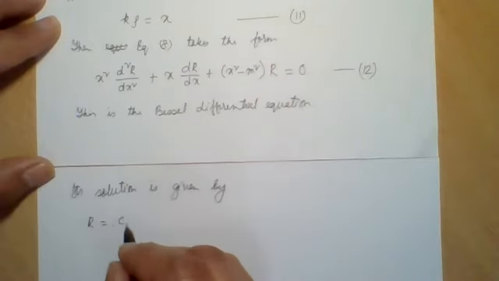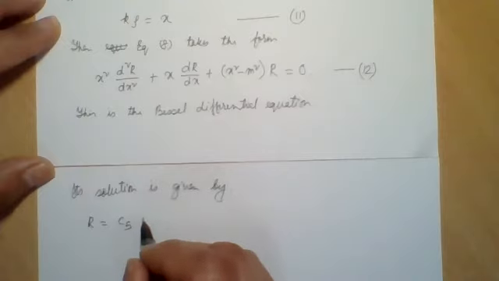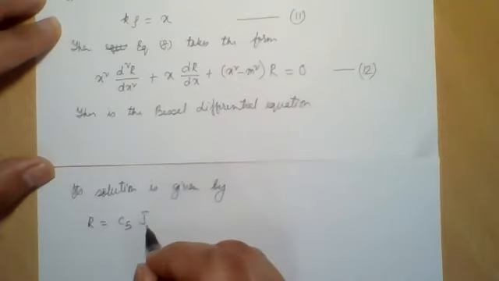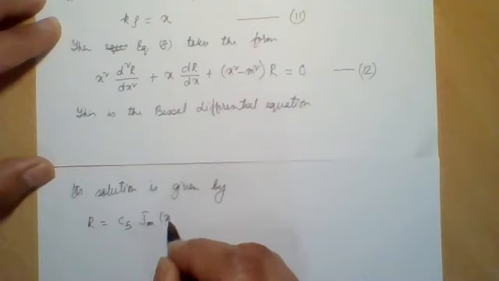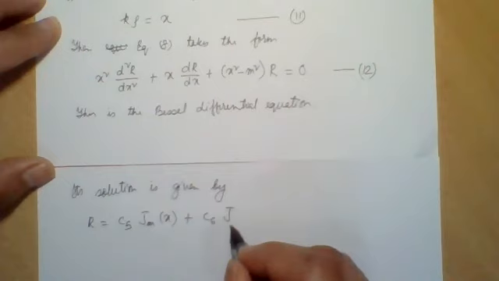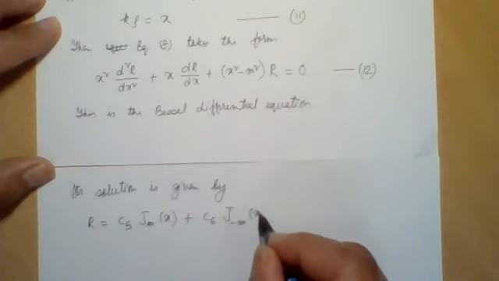R equal to C5 J_m(x) plus C6 J_minus m(x).